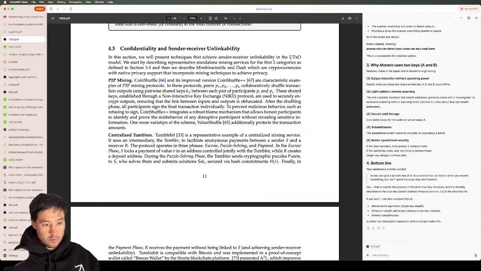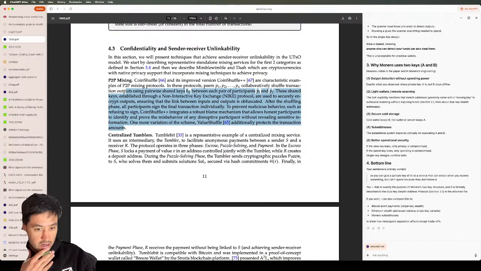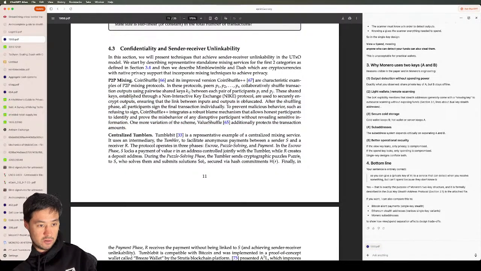Yeah, I wish this would go into more detail. I don't think I understand how that works, but I guess there's some shuffling to get rid of the centralized party that helps with the coin join, I guess.